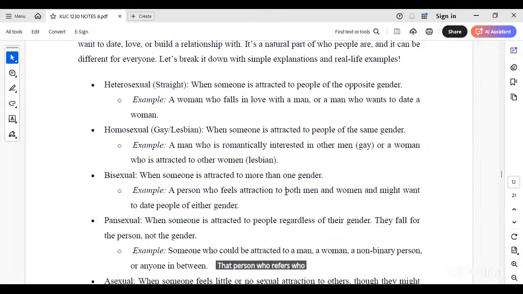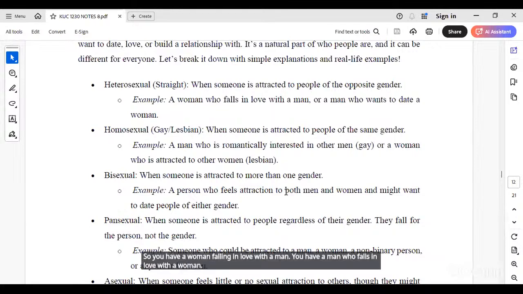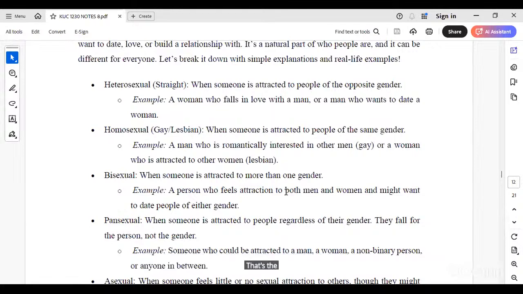That person who identifies as straight is someone who is heterosexual, meaning the attraction that someone has for the opposite gender. So you have a woman falling in love with a man, and a man who falls in love with a woman. That's the heterosexual. Then there are people who will be homosexuals.